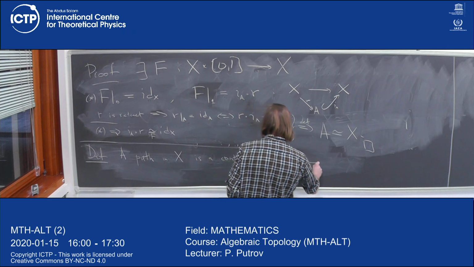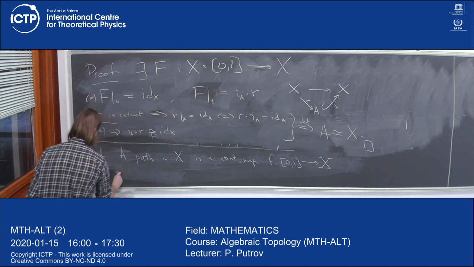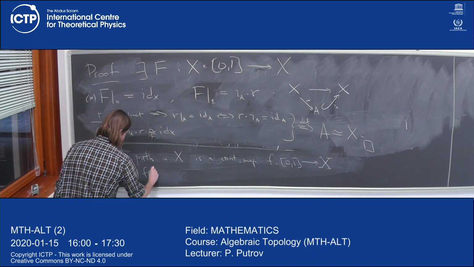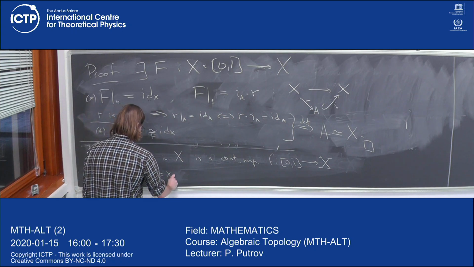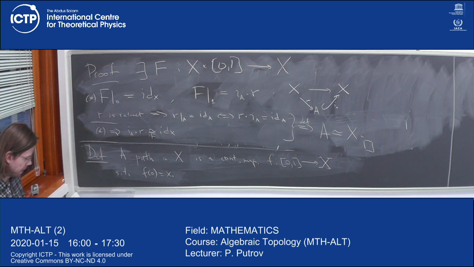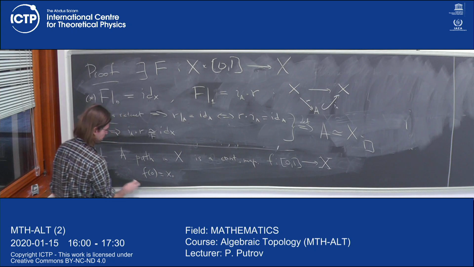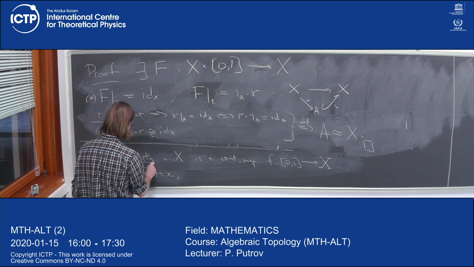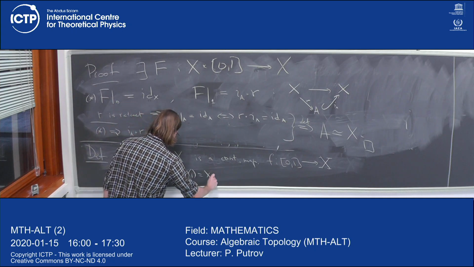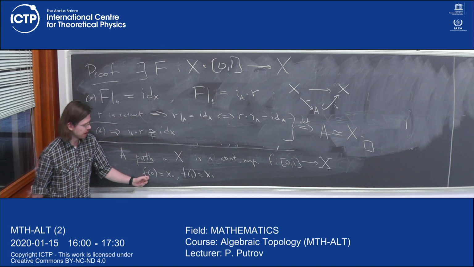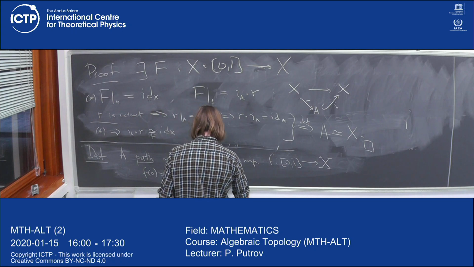Of course, it's a map from an interval to X. And the second part of the definition is that the values 0 and 1 are called endpoints.